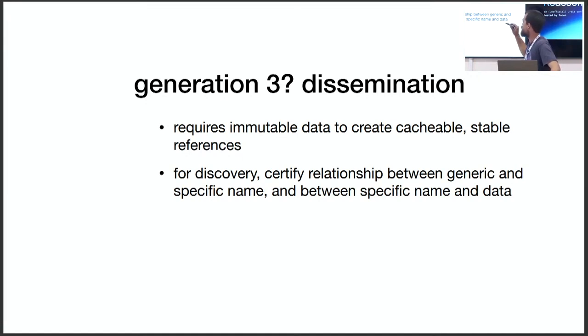And that's expressed as a binding from a generic name to a specific name, and then a binding from a specific name to a piece of data. And his example, he asked the network for newyorktimes.com/today, and he gets back a response packet that has two message authentication codes on them and a full name that includes the date.